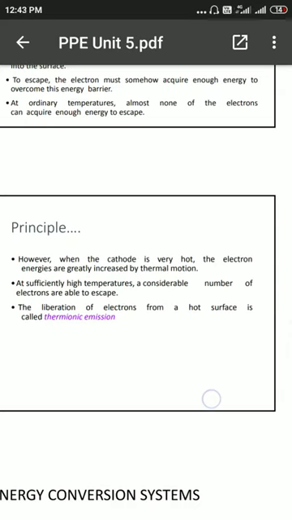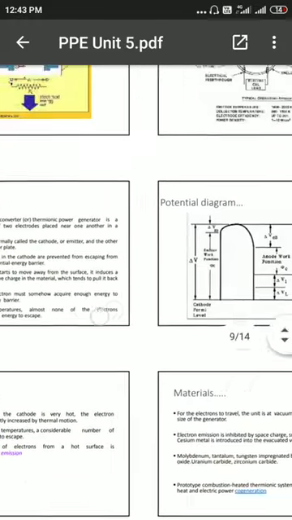At normal temperature, electrons cannot escape the energy barrier, but due to high temperature, electrons get energized and can now escape the barrier, and this liberation of electrons from the surface is called thermionic emission.